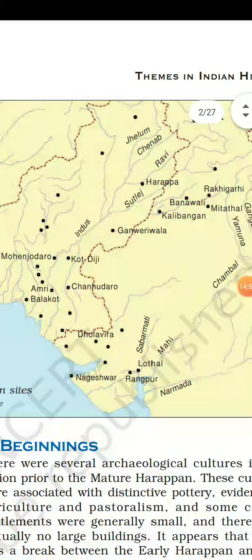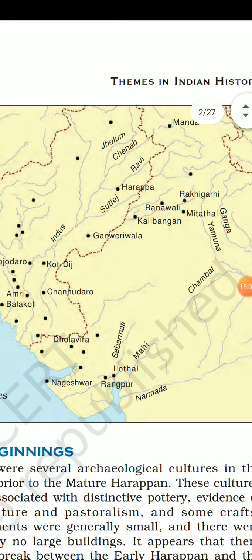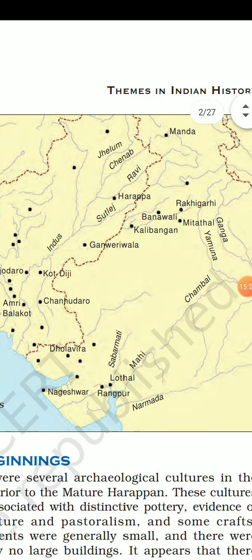I think it's very far downwards. It's not nearby Jammu Kashmir. It is too far from Jammu Kashmir, on the very west side of Gujarat, close to Dholavira, but very far from Jammu Kashmir.